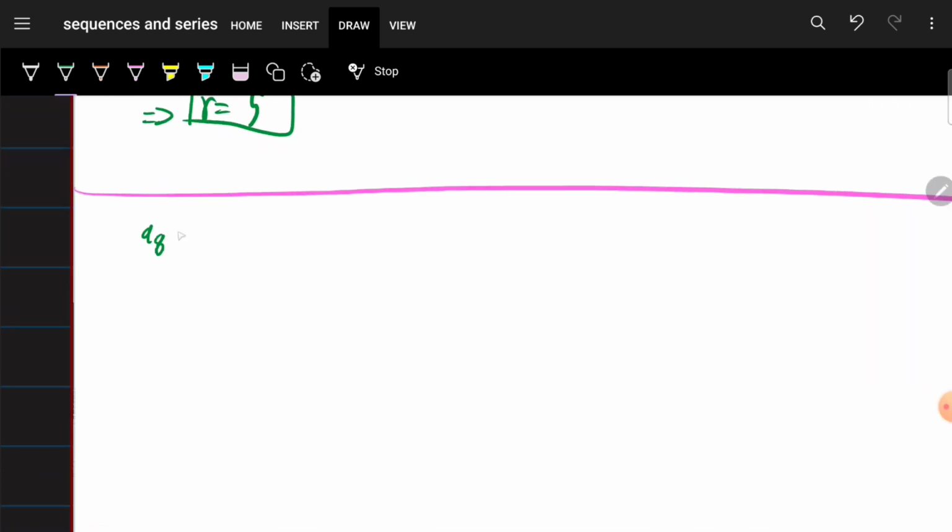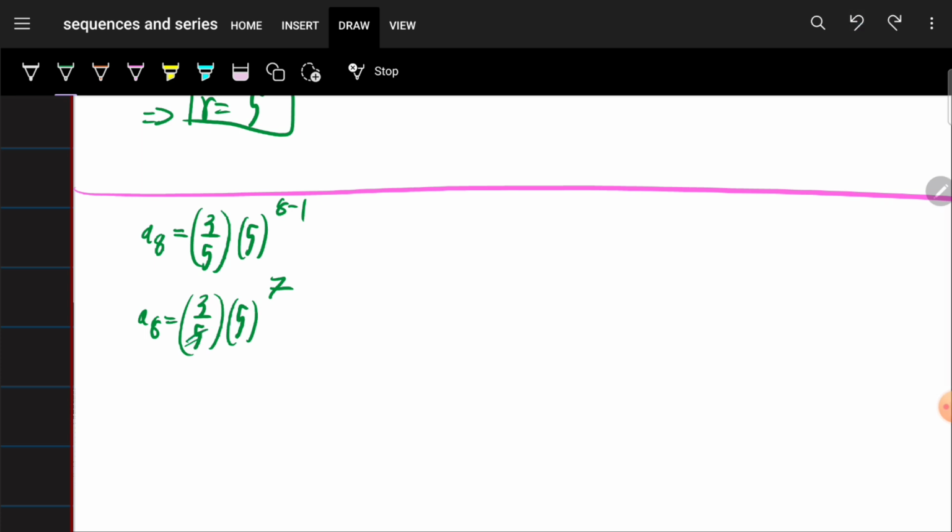So a8 is equal to the first term, which is 3 over 5, times the common ratio of 5 to the power of 8 minus 1. So A8 is equal to 3 over 5 times 5 to the 7. Okay, before I put this in my calculator, I'm just going to notice I can cancel one of the 5s on the bottom with one of the 5s on top.